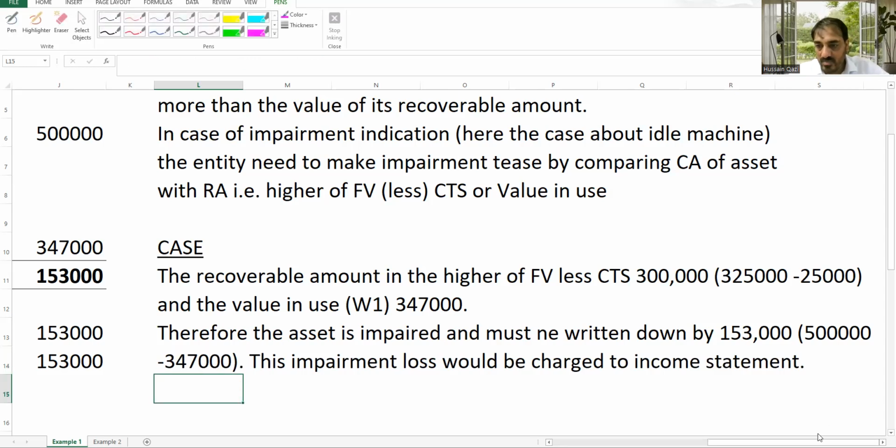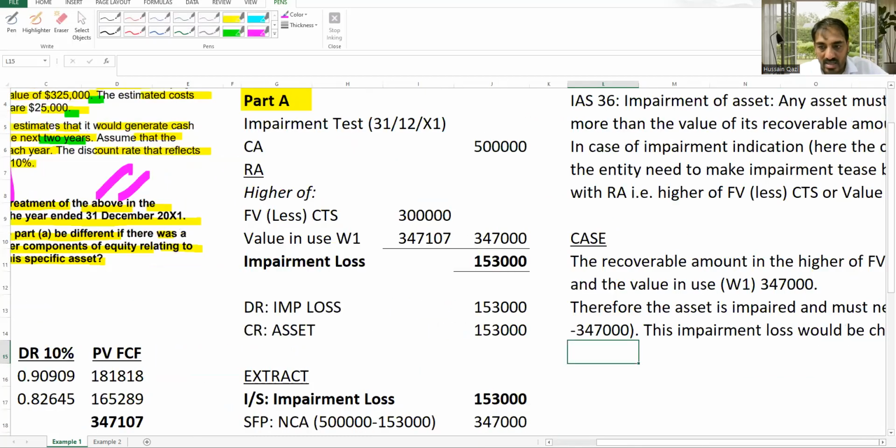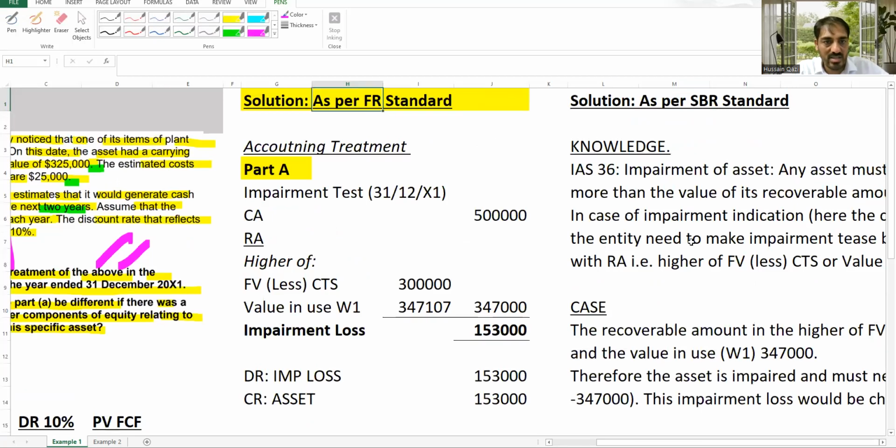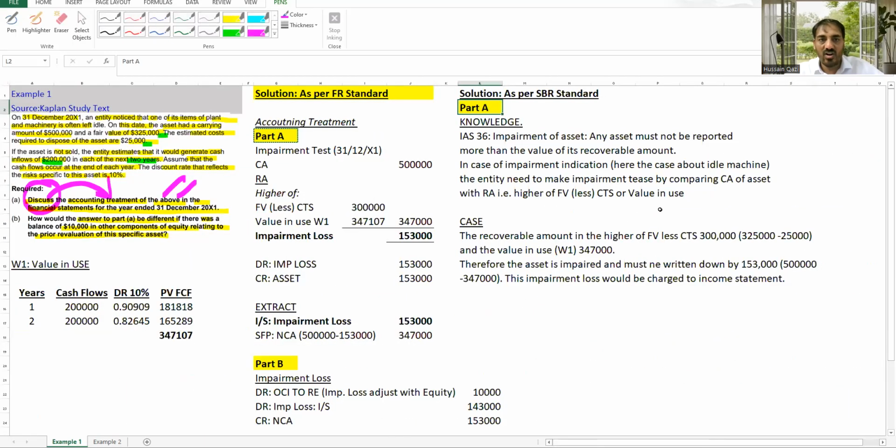That is the point. Now, yes, I will attempt the B part as well, don't worry. Now, candidates, listen very carefully. This is the clear difference of part A. That's one of the solutions that we are doing.